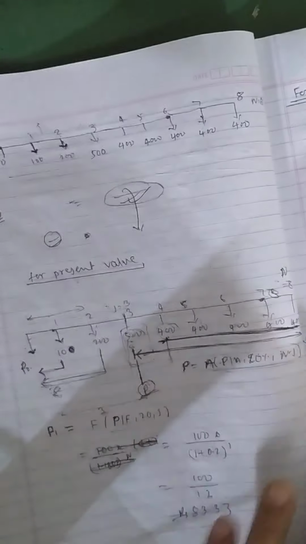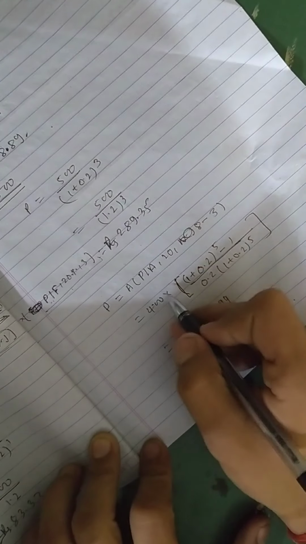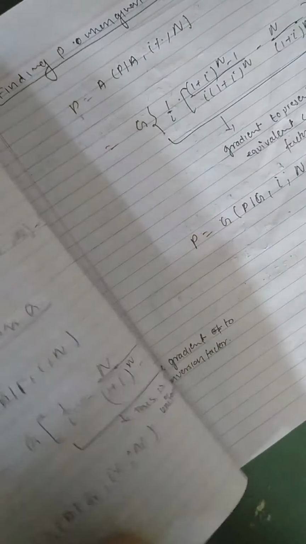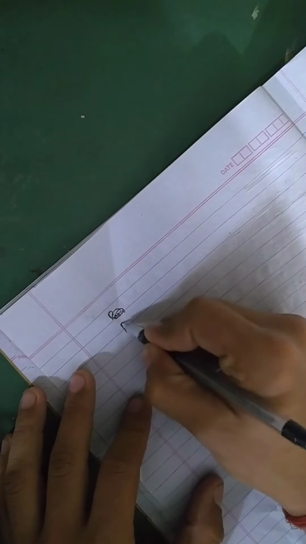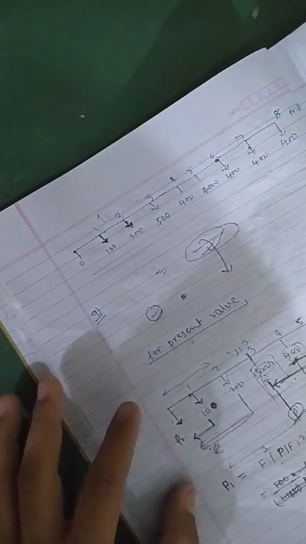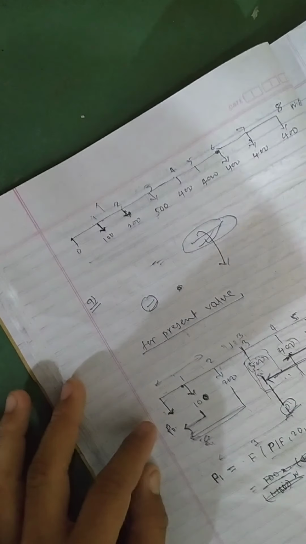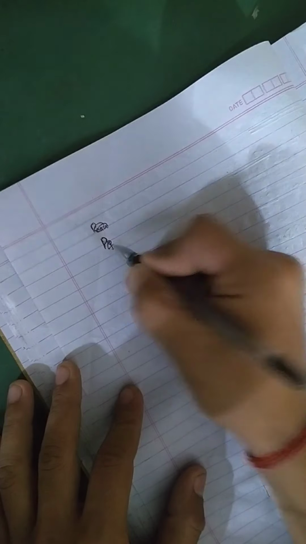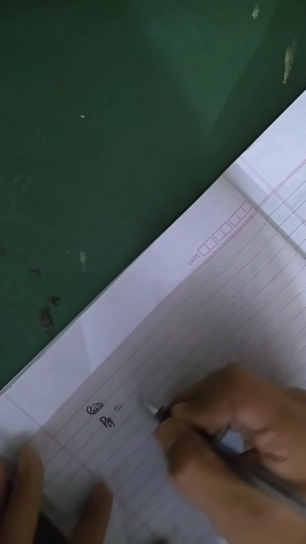To distinguish: for the annuity we use this, and for the single amounts we use P naught. So P1, P2, P3, PA, and this is P4.